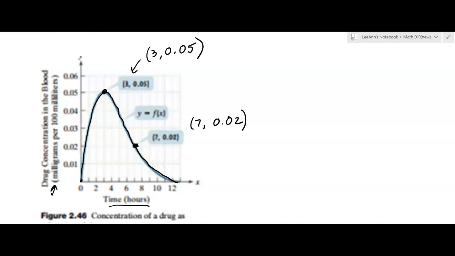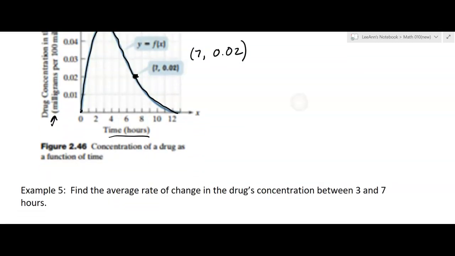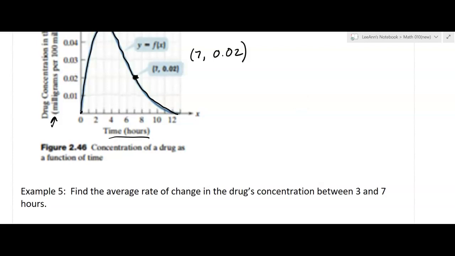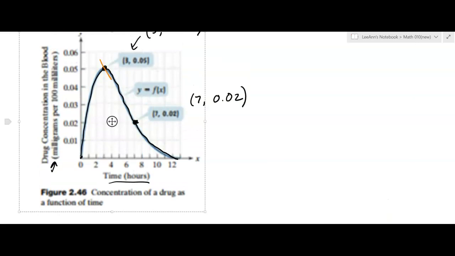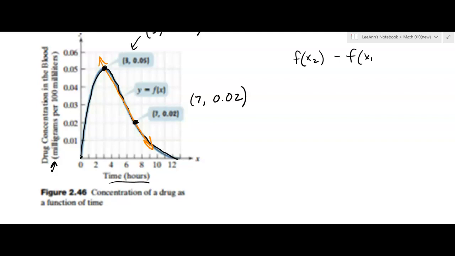And then we're going to find the average rate of change in the drug's concentration between 3 and 7 hours. So I'm going to scroll up. You're trying to find the slope of that secant line right there between 3 and 7. So the average rate of change is going to be f of x sub 2 minus f of x sub 1 over x sub 2 minus x sub 1.